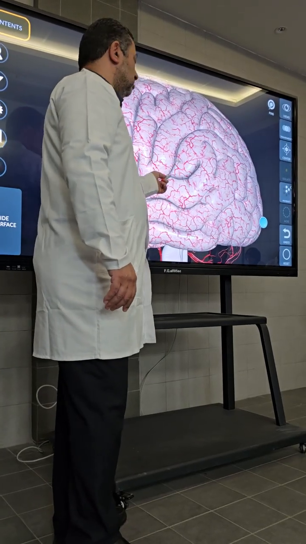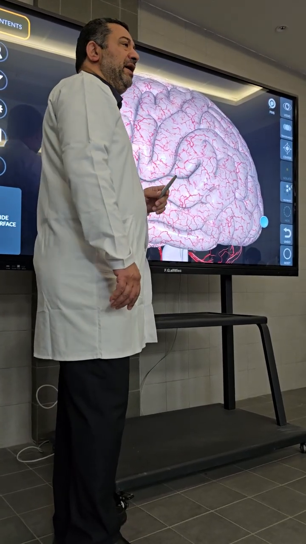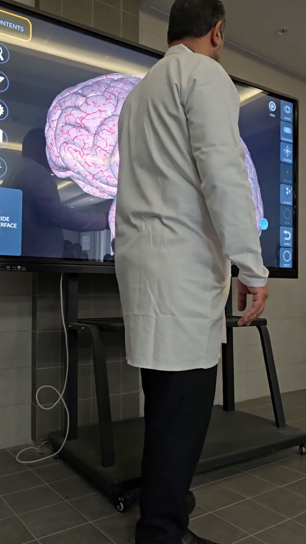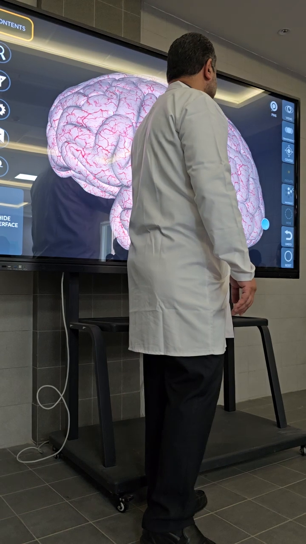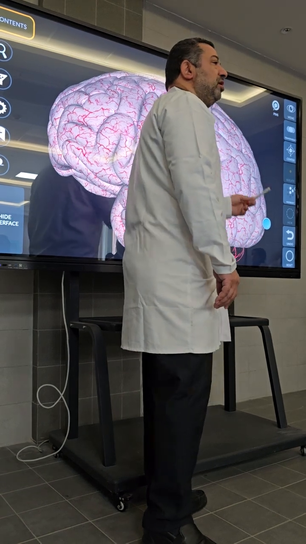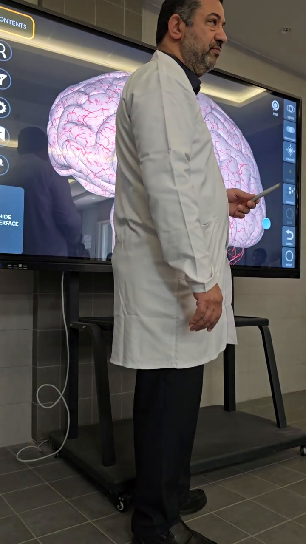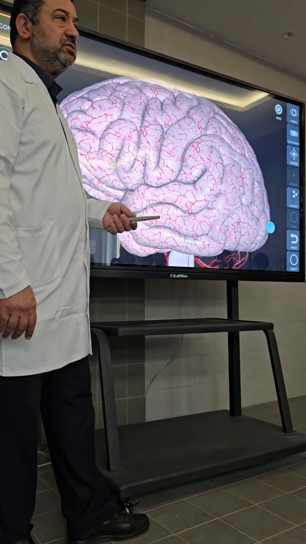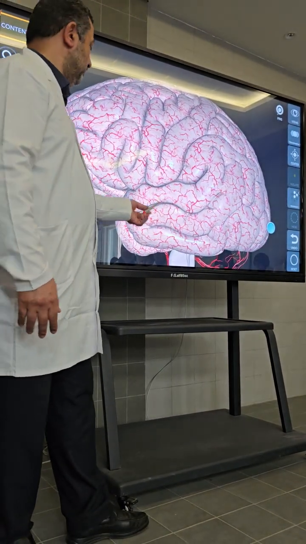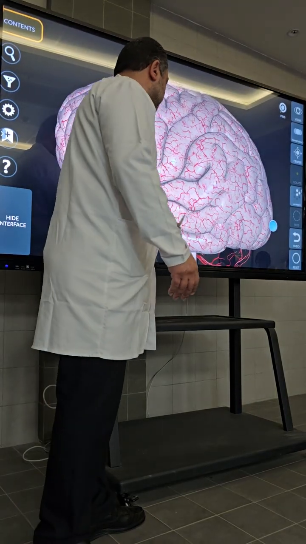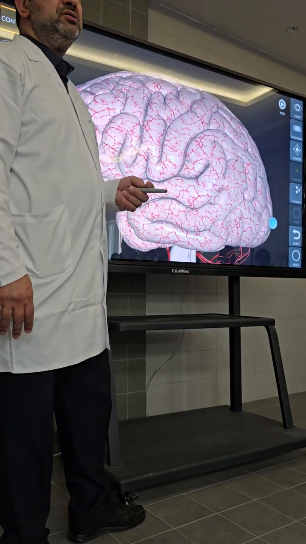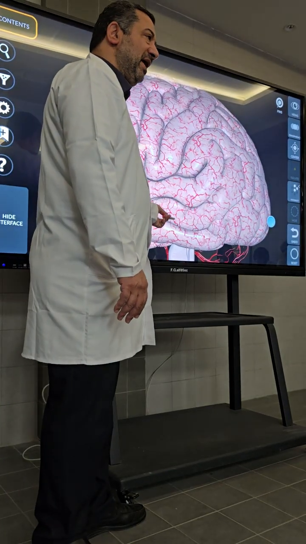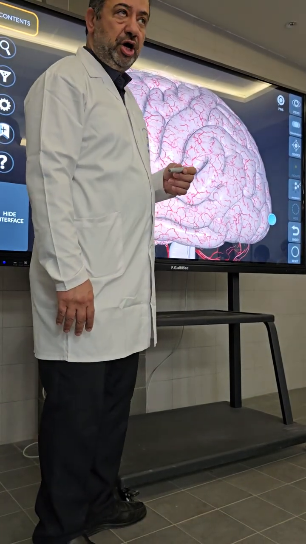Posterior to the posterior branch of the lateral sulcus, there is a gyrus called the supramarginal gyrus. On the lateral surface of the temporal lobe, there are superior and inferior temporal sulci, and there are three temporal gyri: superior, middle, and inferior.